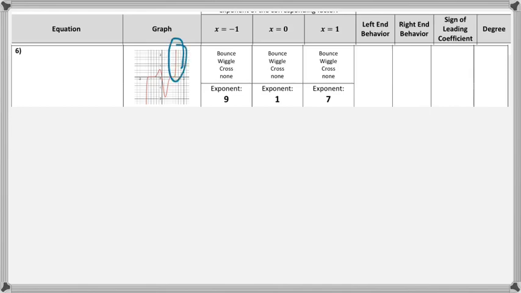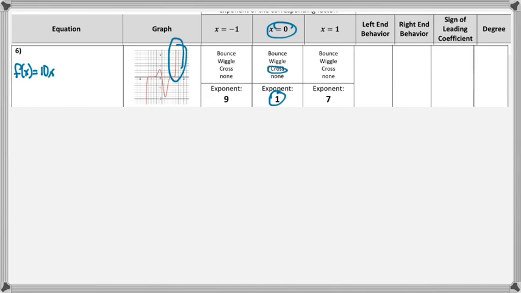So again, if you can't remember the rules, look at your right-hand side. It's going up, so that means that our leading coefficient is positive on this one. So again, I'm going to do f of x equals, choose a positive number, 10. And on this column, my exponent was 1, and so that means I have x to the first.